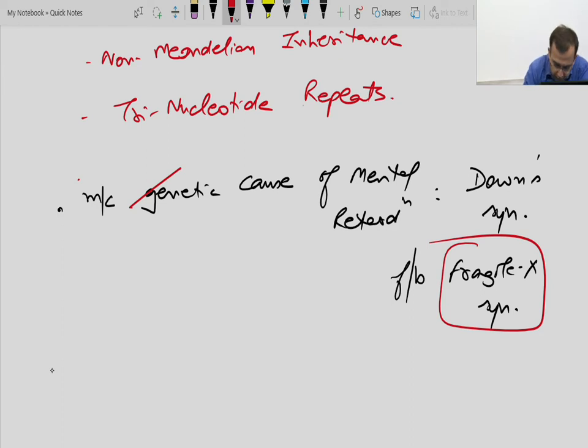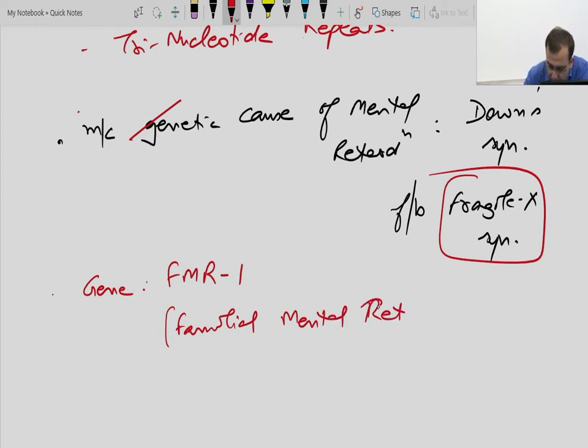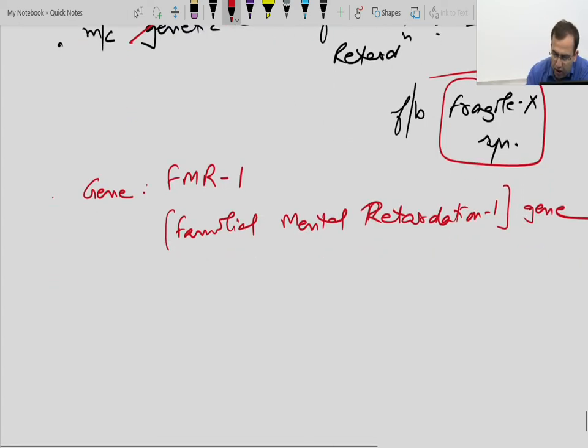Next point, the gene involved in Fragile X syndrome is the FMR1 gene, which is the familial mental retardation 1 gene. Next point, which trinucleotides are getting repeated?